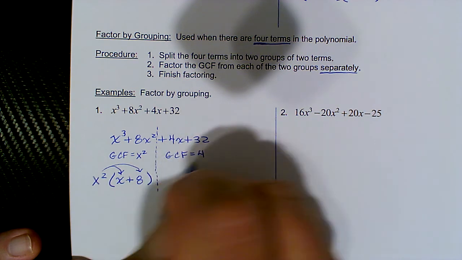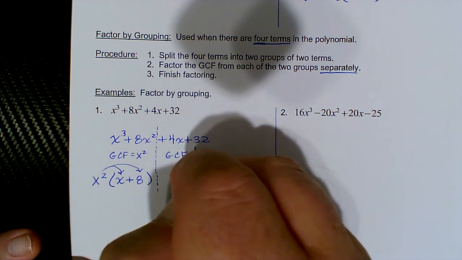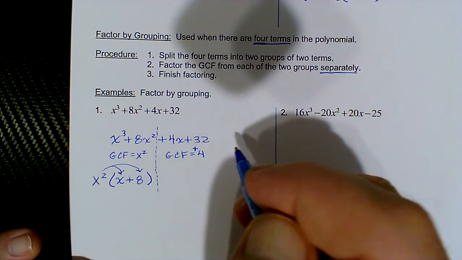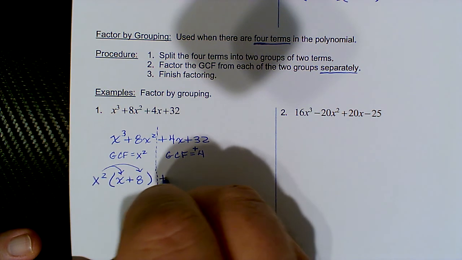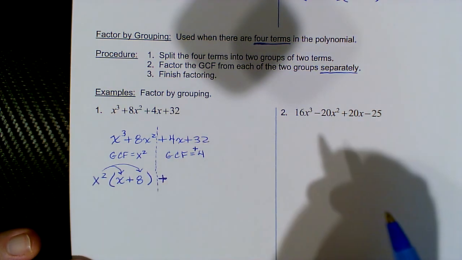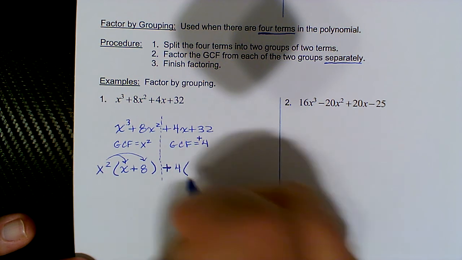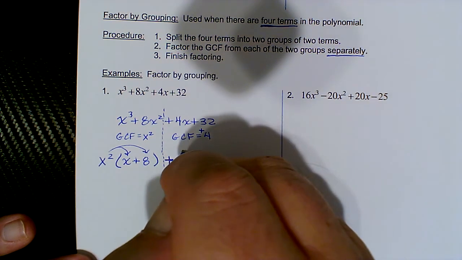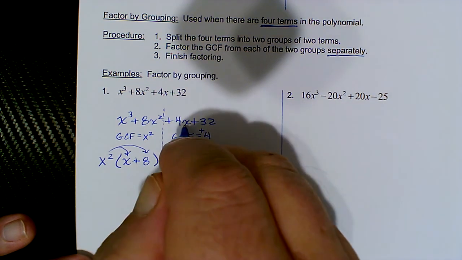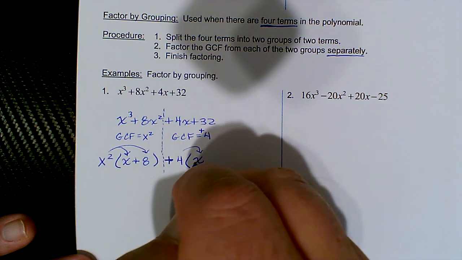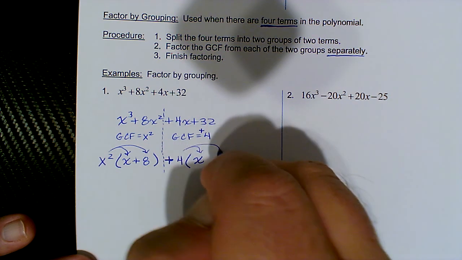There you want to even go so far as to say positive 4, because you do have to associate a sign with that greatest common factor. And then reversing the process, 4 times what is 4x, just need an x, and 4 times what is 32, and that's plus 8.